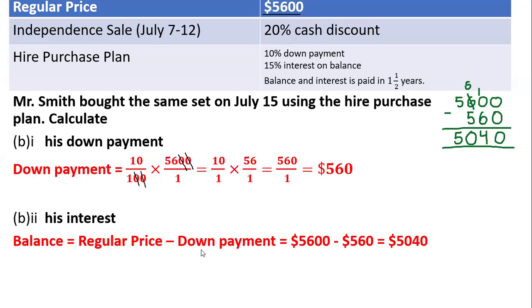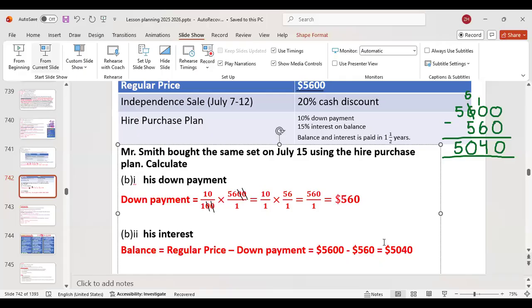Regular price minus down payment. So that's the balance, but we haven't found the interest yet. The interest is going to be 15% of what? The balance. So the interest is equal to 15%.